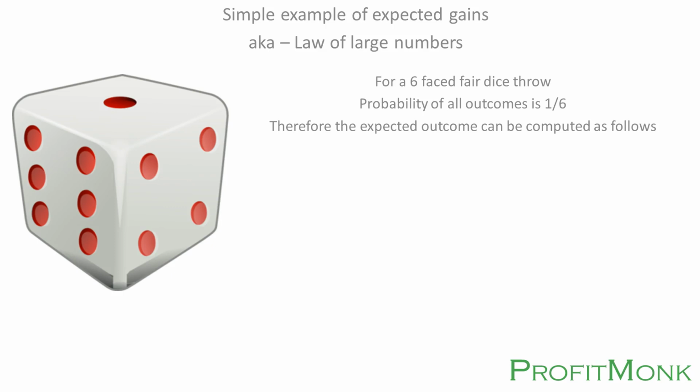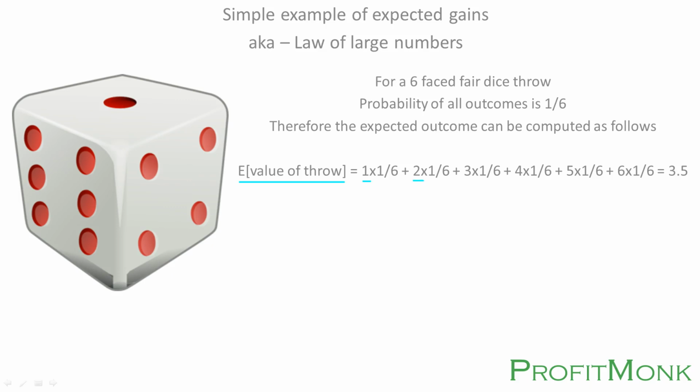If somebody asks you, what is the expected outcome of a throw? The expected outcome can be computed like this, and it's written using this terminology. E stands for expected, and value of throw is the value of throw. So there is 1/6 probability that the outcome will be 1, 1/6 probability that the outcome will be 2, another 1/6 probability that outcome will be 3, and so on. You can do the math yourself.